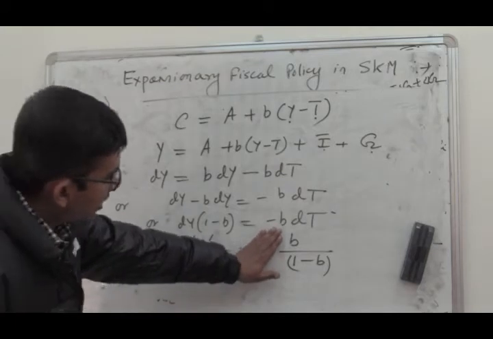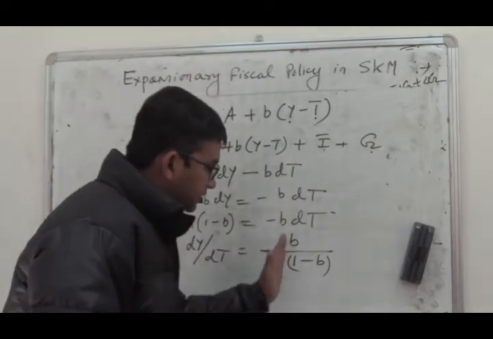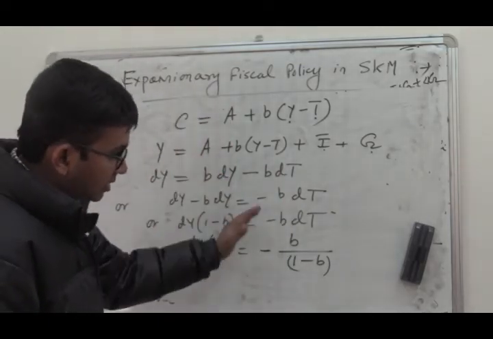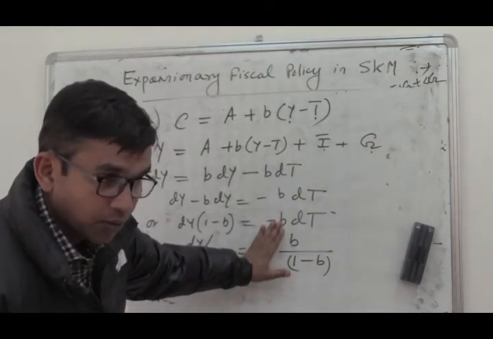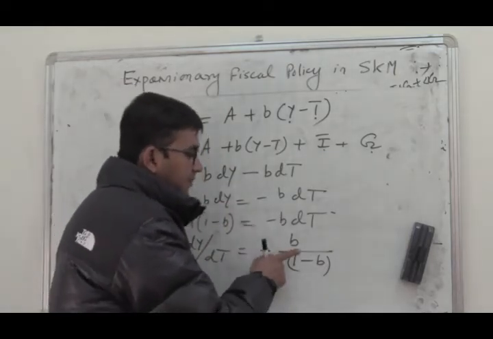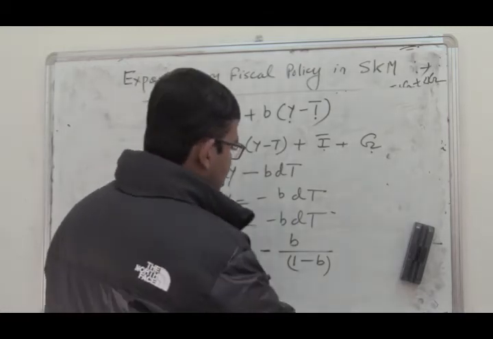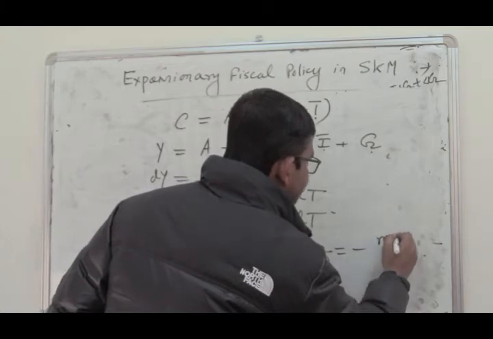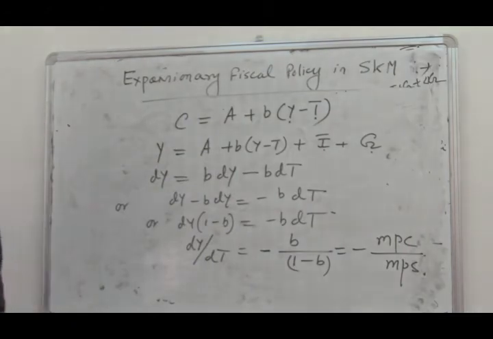More consumption means more aggregate demand. Second thing, if we forget about the direction and just consider the magnitude, this value can be greater than 1 or less than 1. But normally we see that the marginal propensity to consume is greater than the marginal propensity to save. The tax multiplier is the ratio of MPC and MPS.